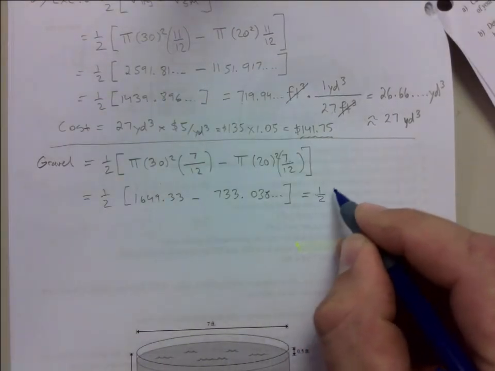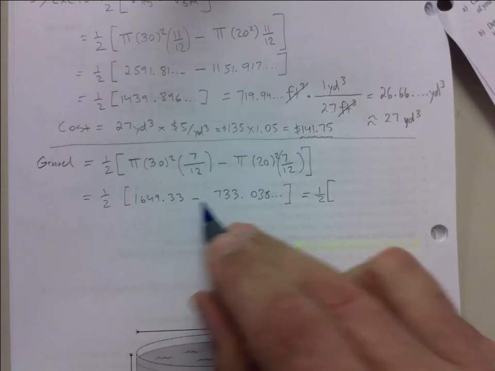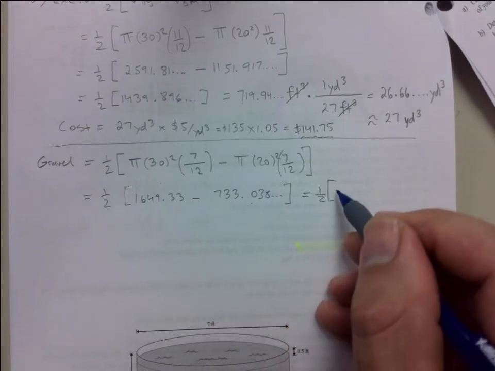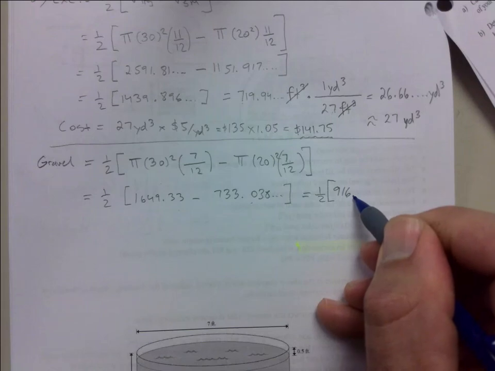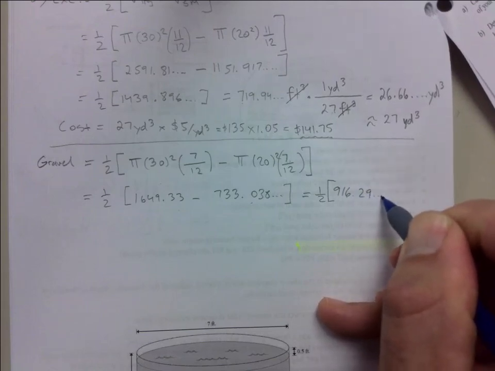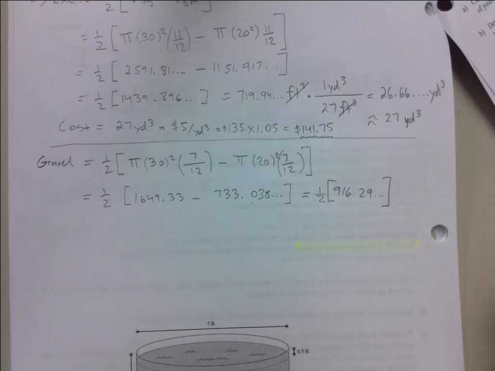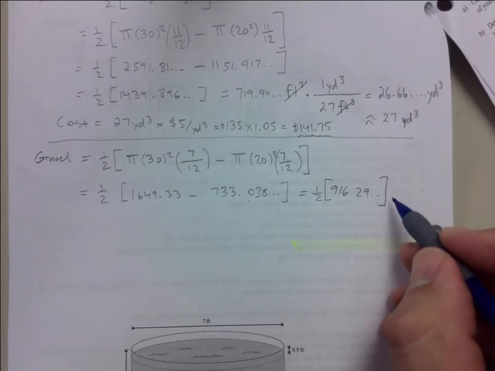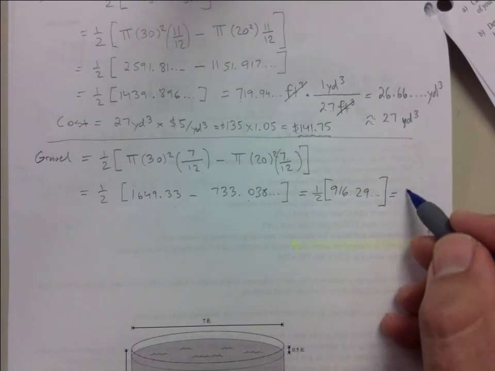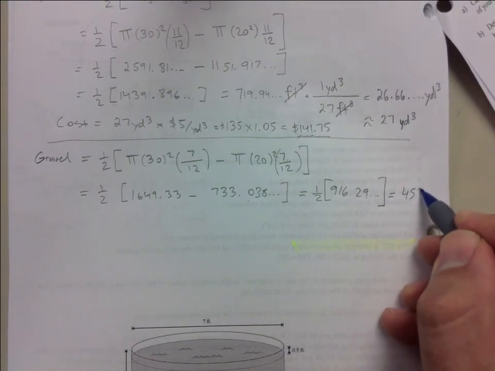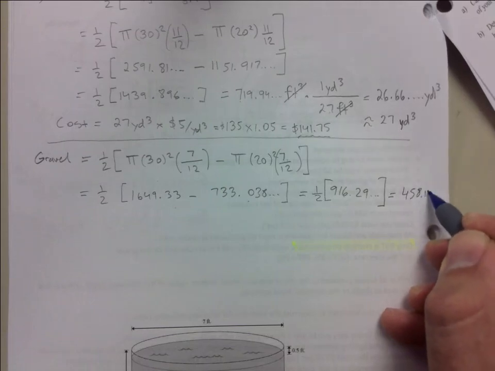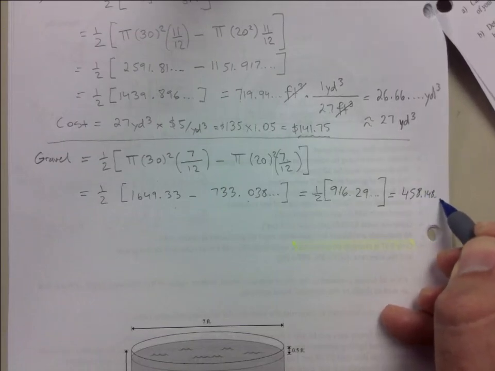Turns out to be 1/2. If you subtract these two, you get 916.29 something. And if you half it, you get 458.148 cubic feet.